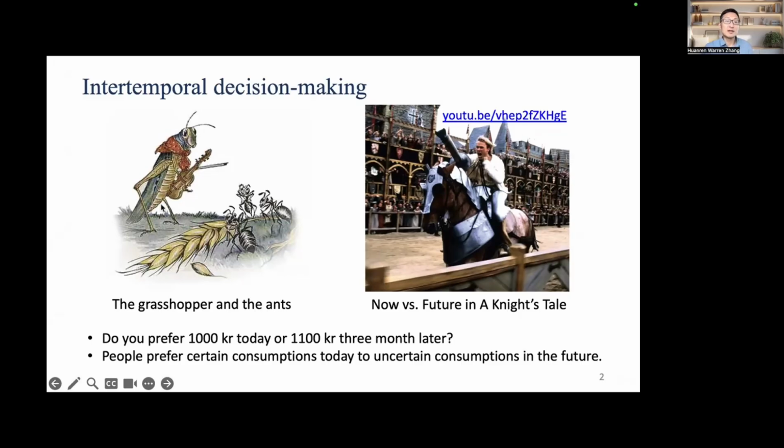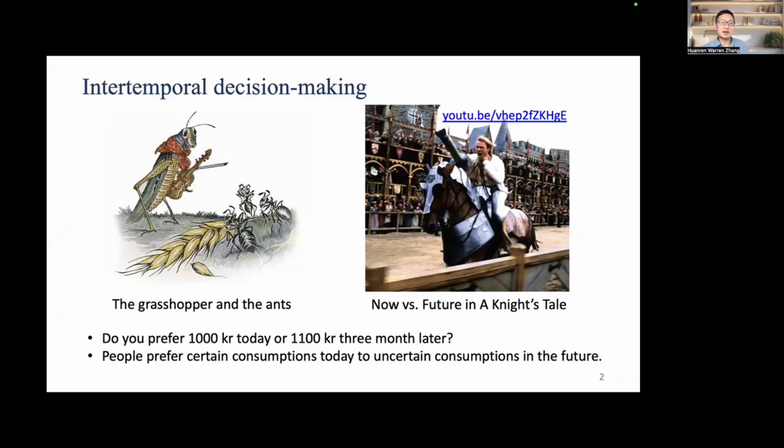Here we have a story about the grasshopper and the ant. The grasshopper just enjoys the time, tries to live in the present and does not worry about the future. But when the winter comes, it's a problem. You have probably already heard these tales.